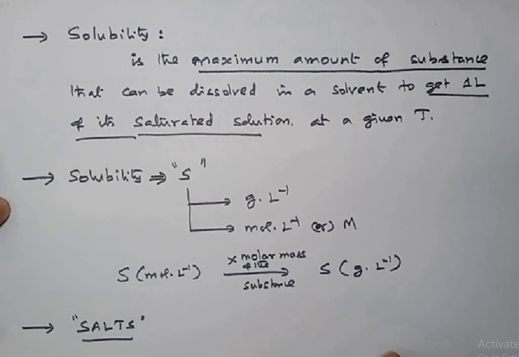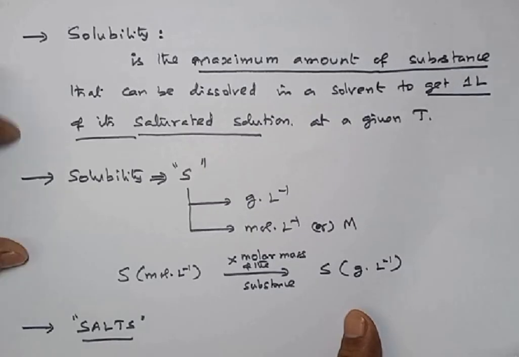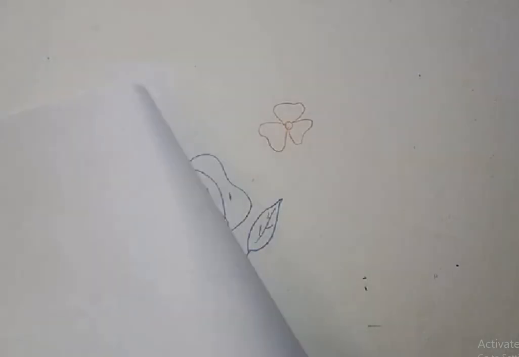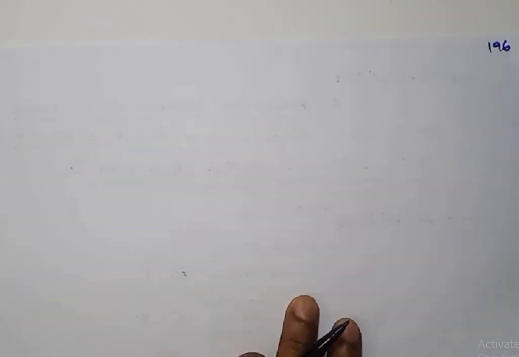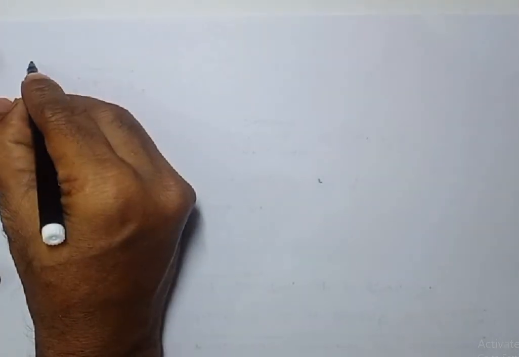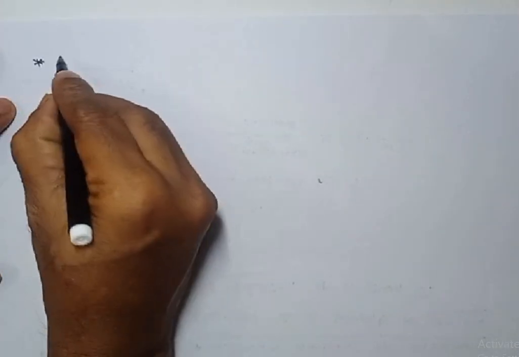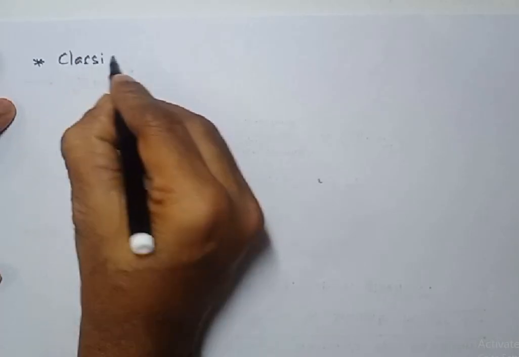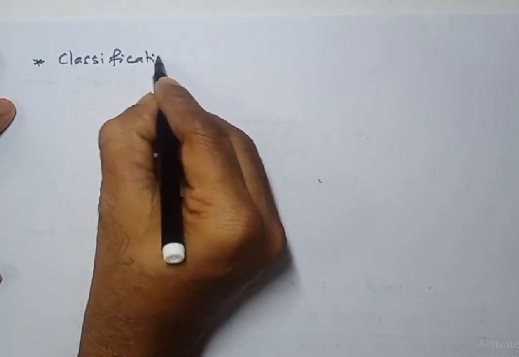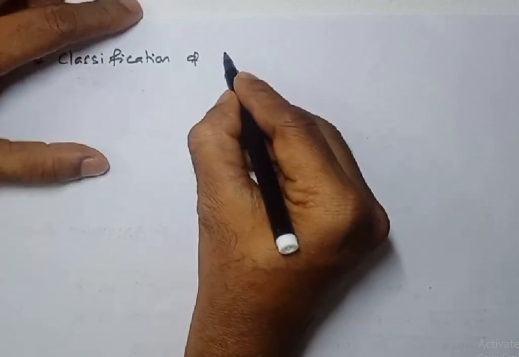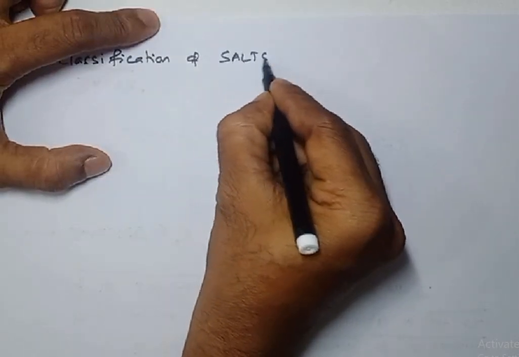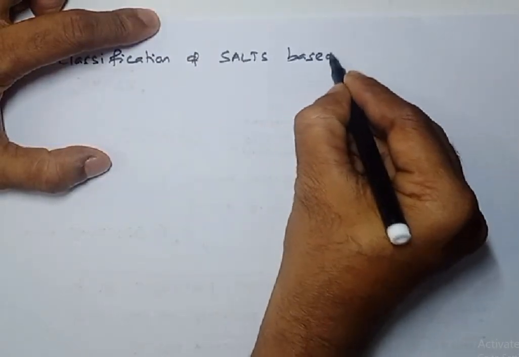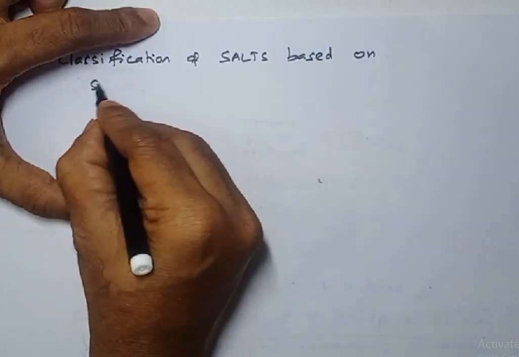Now, based on solubility, we can classify salts into different types. So, classification of salts based on solubility.